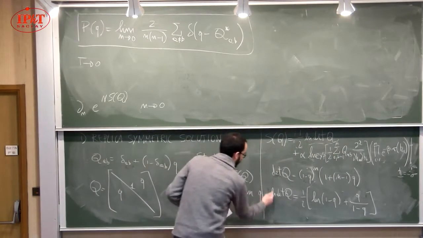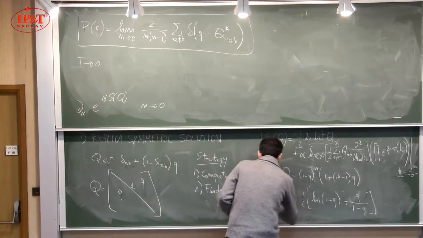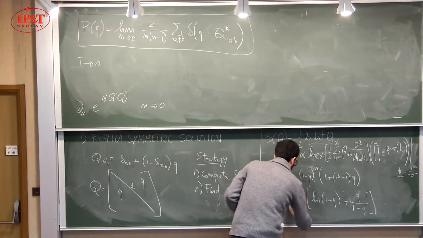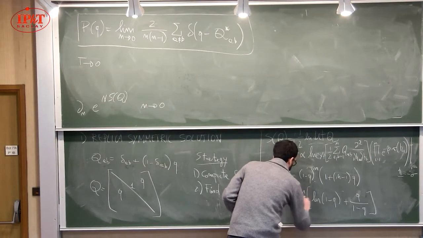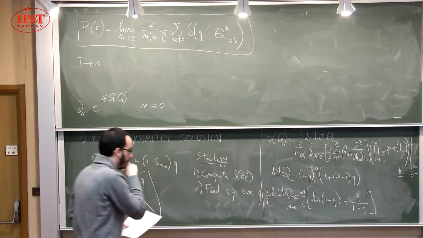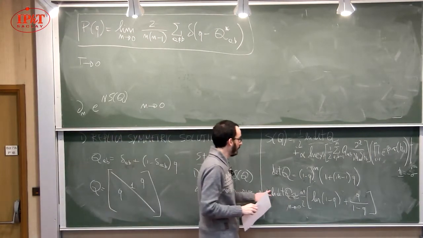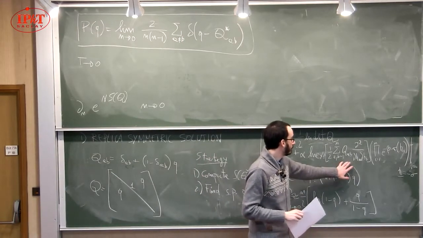Let me rewrite it this way. So log of det is, sorry, 1/2. Okay, so this is easy. And now we would like to compute this one.